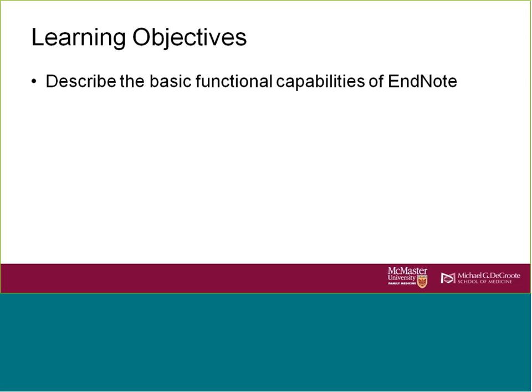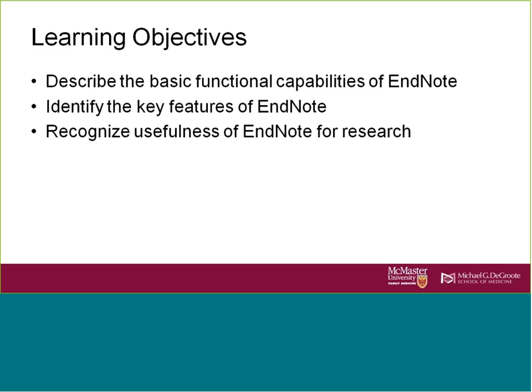I'm leaving it pretty basic for the sake of time, but by the end of it, you should be able to describe what it can do, identify key features of the software, and recognize how useful it can be when you're writing some article or paper or project. It's very useful to have a software manager for references.